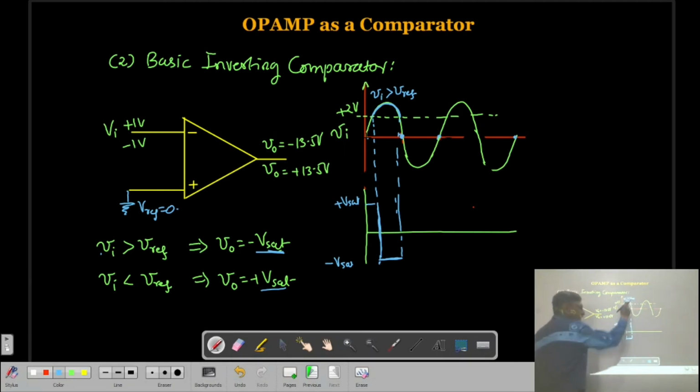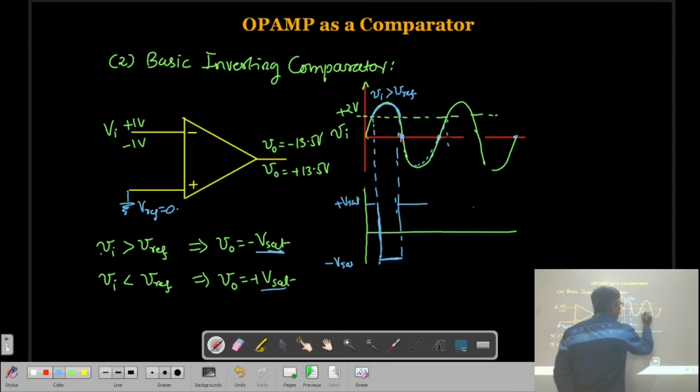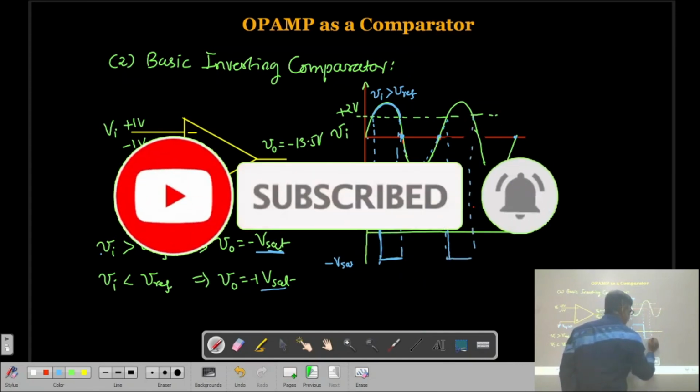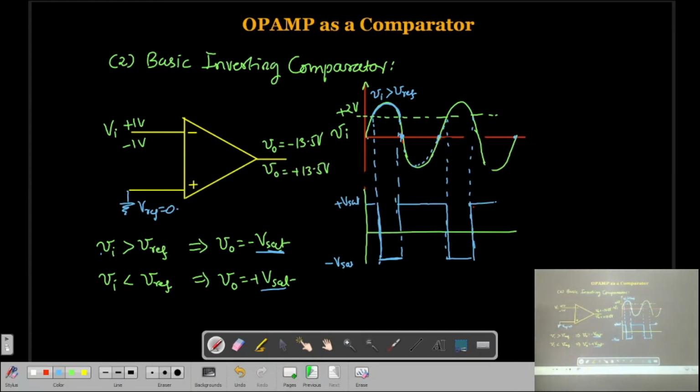Here it is greater than the reference, so minus V saturation. Now for all these values, the input voltage is less than the reference, so it will remain in plus V saturation up to this, and then it will go to the minus V saturation. Again here, it is changing the state from plus V to minus V.